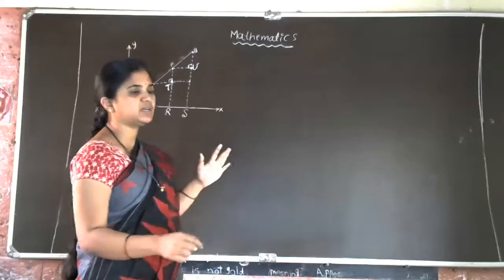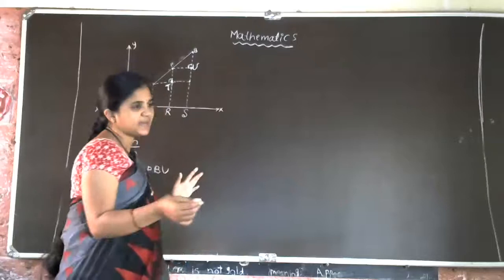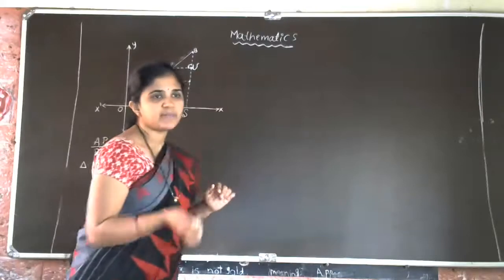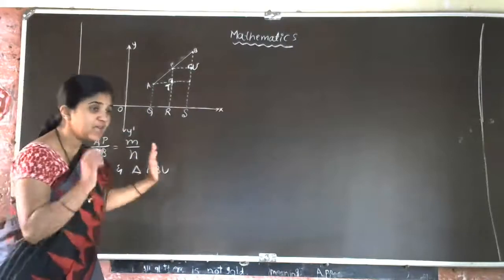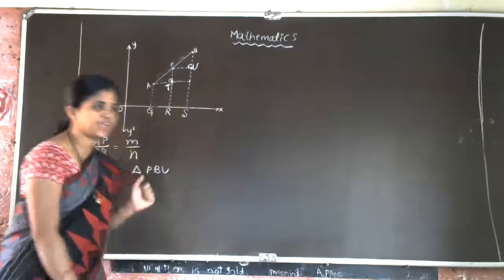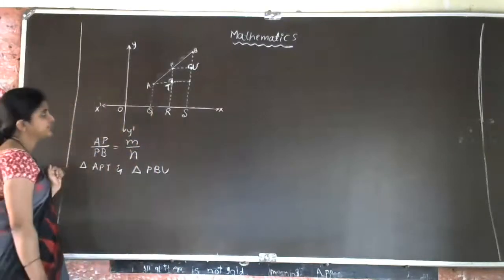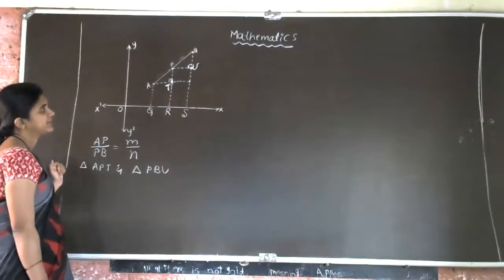Ashwit gave the message that it is AA similarity criteria. Yes, of course, from AA similarity criteria we can say that these two triangles are similar. Which two angles are you going to take, Arun? It's a 90 degree. Yes, one is 90 degree.